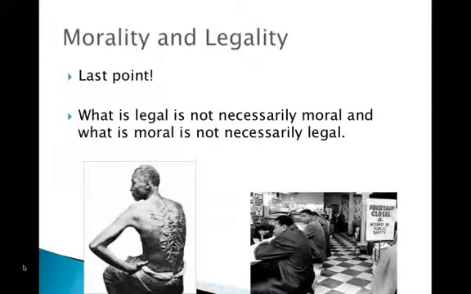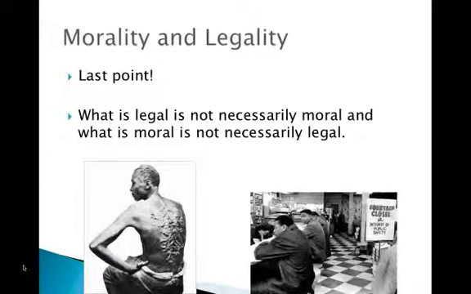All right, last point. Apologize. Well, no, actually I don't. I'm using harsh pictures in this example, and I'm doing that on purpose. Students and journalists and politicians often confuse what is moral with what is legal. And I'm going to stress right now, what is legal is not necessarily moral, and what is moral is not necessarily legal.